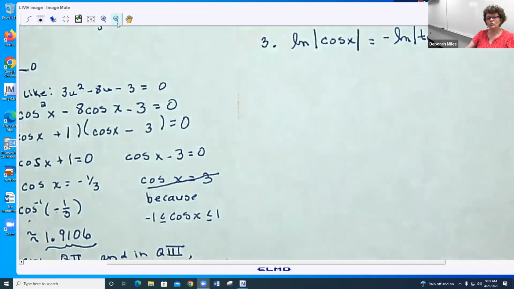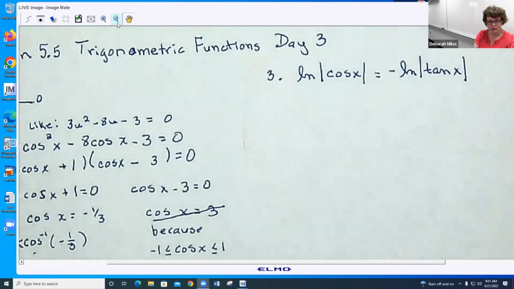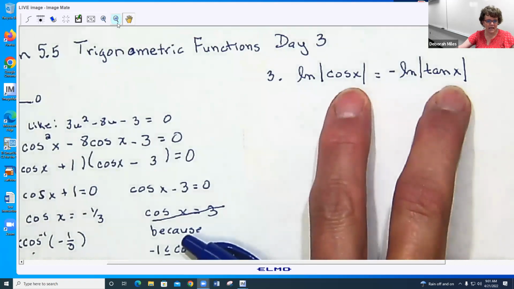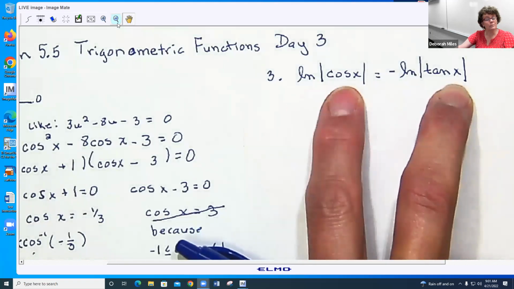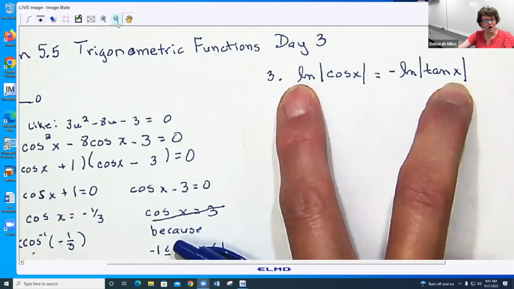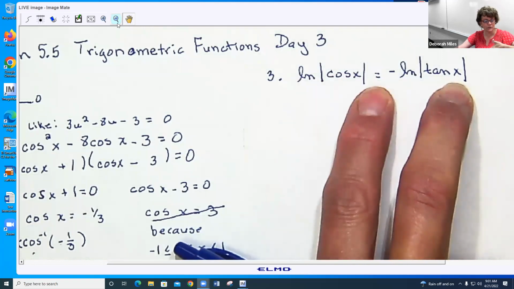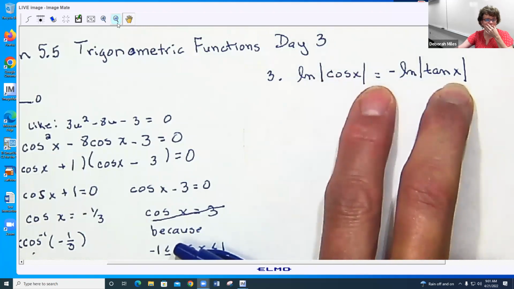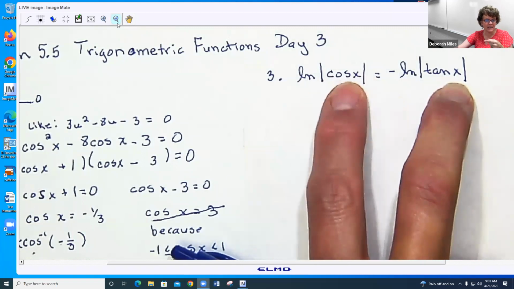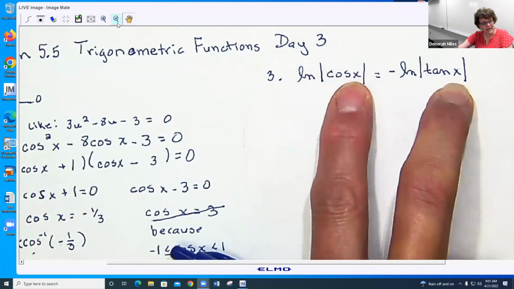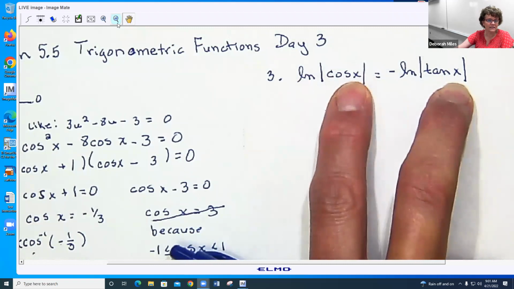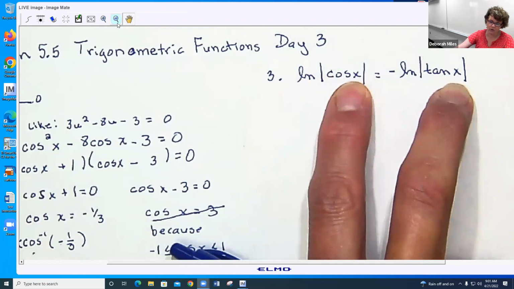Remember, those absolute values aren't really affecting the solution of the problem. They're affecting what you can let x be. Because you can only take natural log of positive numbers, those absolute values ensure that the absolute value of cosine x is always going to give you a positive number unless it's 0.